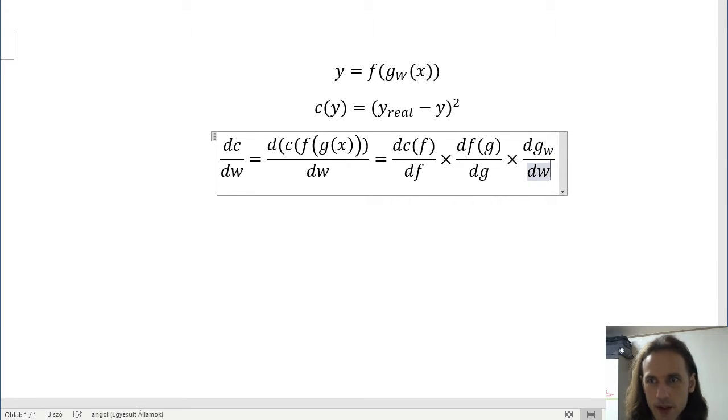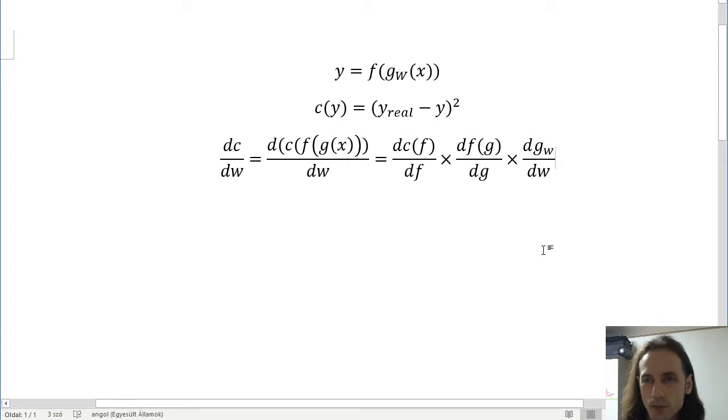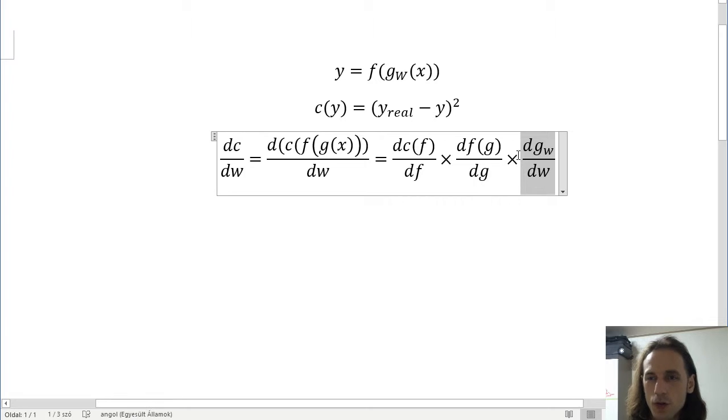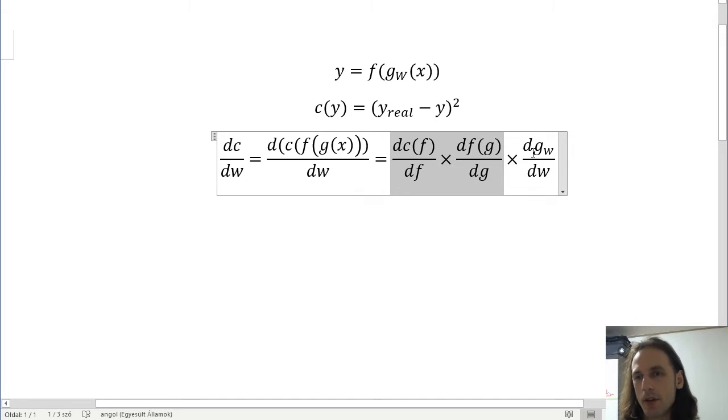So this is what the backpropagation is basically. When we are getting to this convolution, we already have this part calculated, and basically what we want to do is just calculate this derivative.